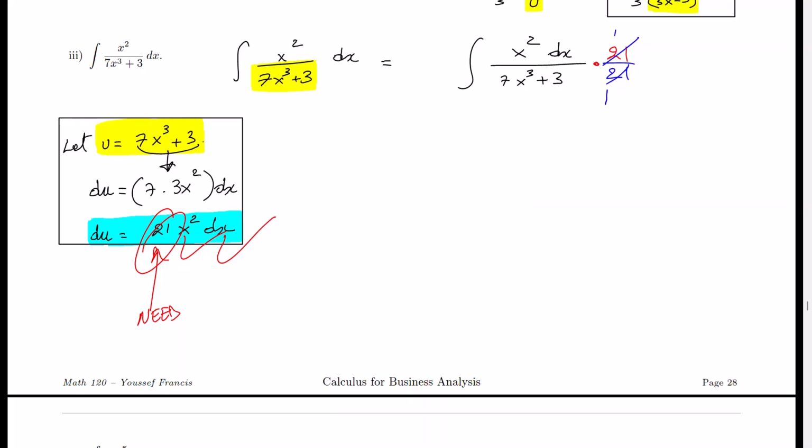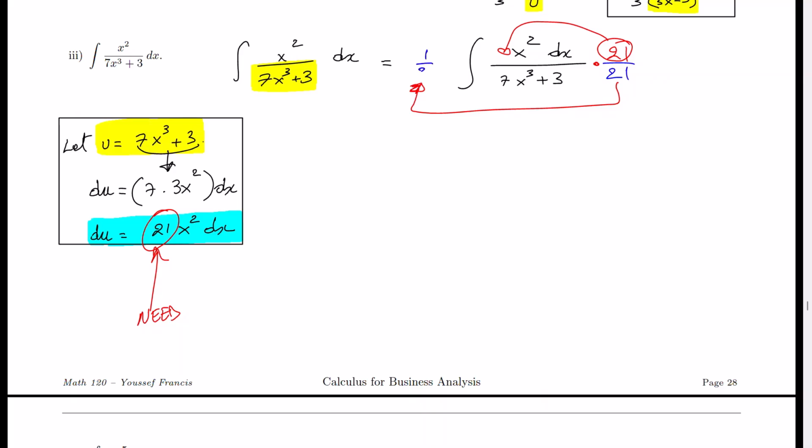So if I multiply this whole thing by 21 divided by 21, what is really happening? 21 divided by 21 is really 1. So I'm not changing the problem. I'm just adding some kind of numbers. But why am I adding them? I'm adding them because it's beneficial to me to have this 21 sitting over here in the front of the x squared, because it's needed for the problem to work, to solve itself. And this other 21 in blue is not really needed, so I'll just slide it all the way to the front. But because it's on the denominator, I need to keep writing it on the denominator.